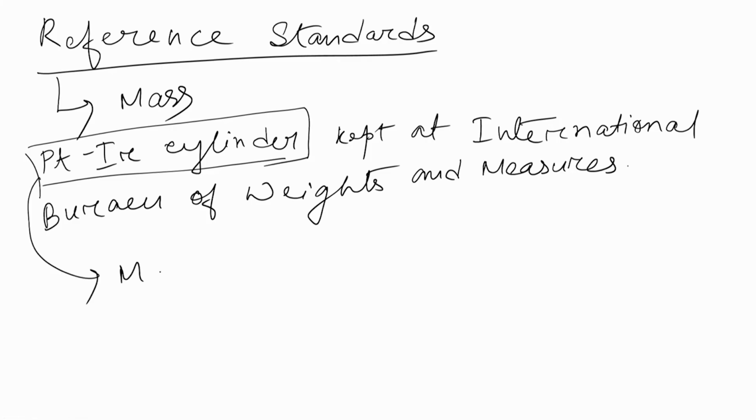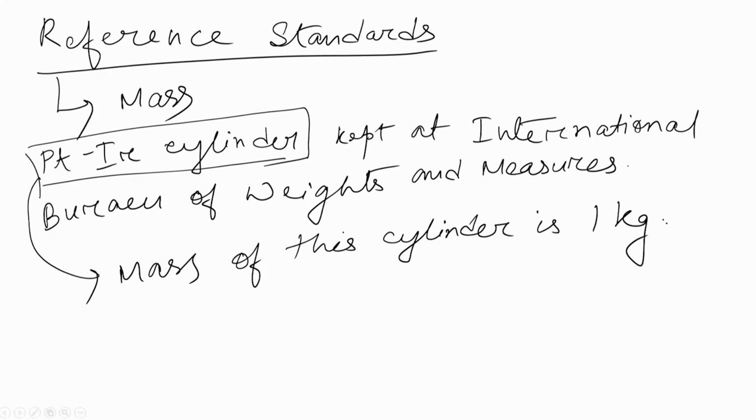The mass of this cylinder is considered to be 1 kg. So, every other measuring instrument is calibrated against the weight of this cylinder. What we consider to be 1 kg is the mass of this cylinder, and it is followed all over the world.